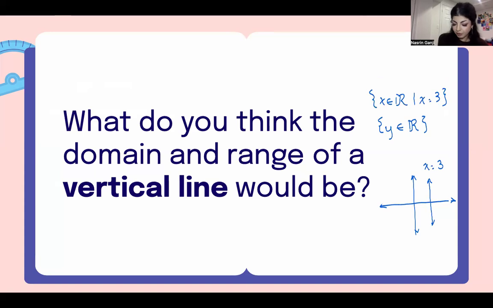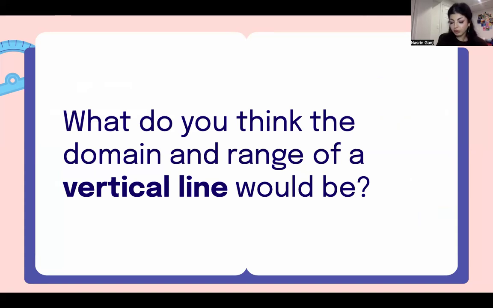So do pay attention when you are looking at vertical and horizontal lines. There is a little bit of a challenge with them, but with all other linear equations that are not horizontal or vertical lines, you will have the domain and range be the set of all real numbers. So x and y can be all real numbers, except for horizontal or vertical lines.